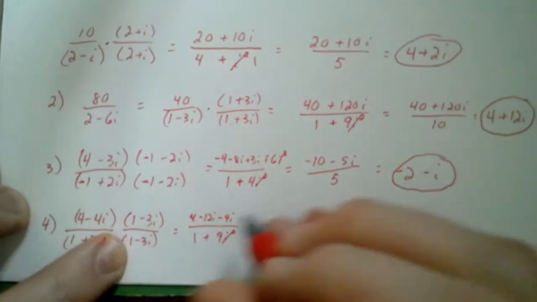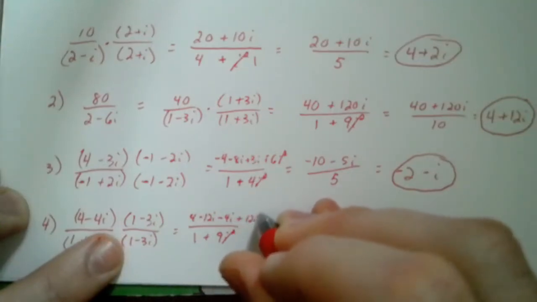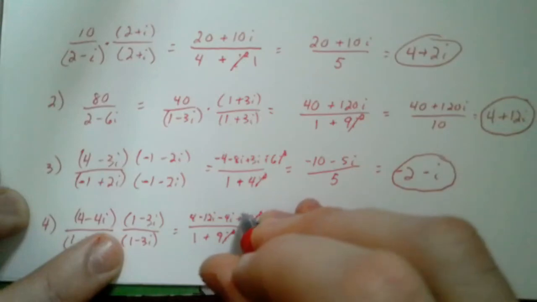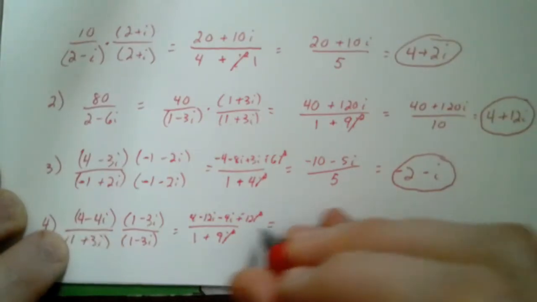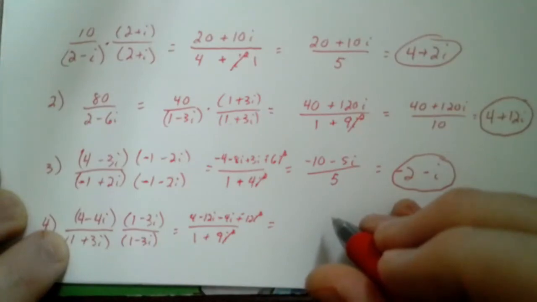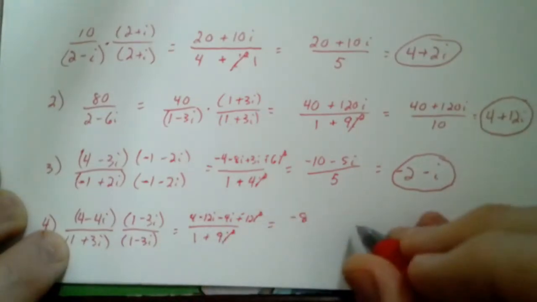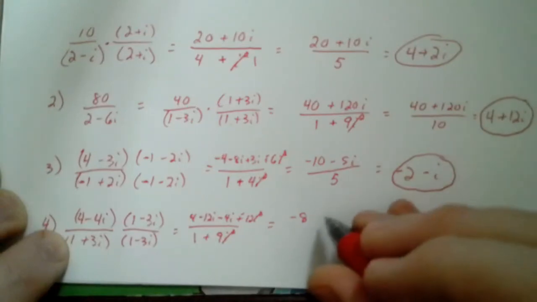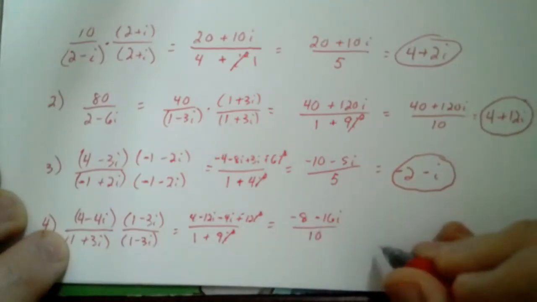And then negative 4i times negative 3i is positive 12i squared. Change the sign. Combine like terms. 4 plus negative 12 is negative 8. Negative 12i minus 4i is negative 16i. And then here, 1 plus 9 is 10.